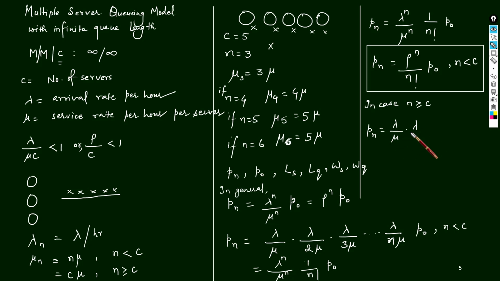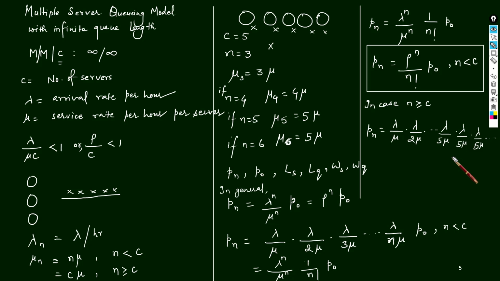This will go up to lambda by 5 mu, because here c we have taken as 5. After that, all the terms will have this same expression only.